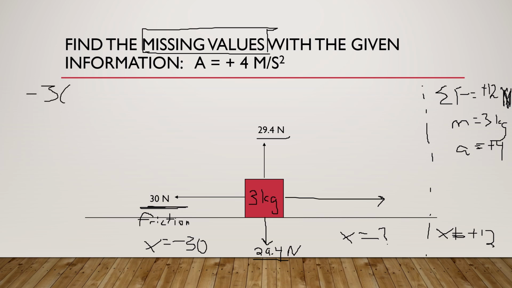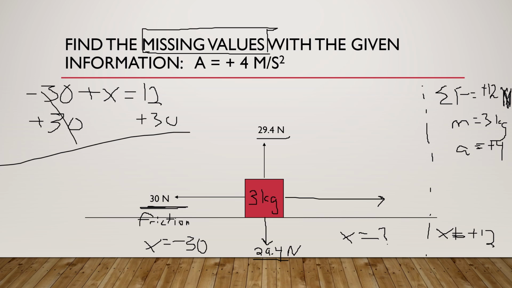Negative 30 plus x equals 12. Add 30 to both sides. Gone. X equals 42. So the external push is 42 newtons. Nice.